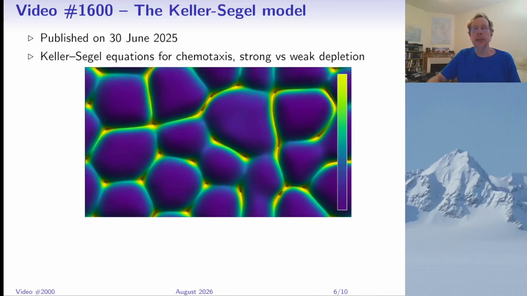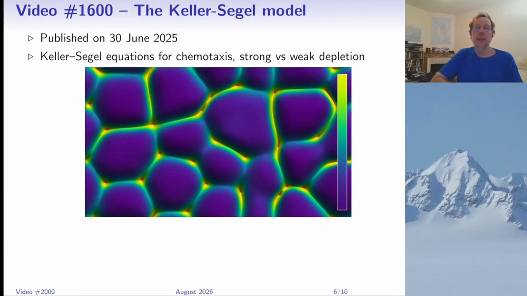The next simulation was my first simulation of the Keller-Segel model, which is a model for chemotaxis, meaning that you have a certain organism which will move according to the presence or not of a nutrient. So it's a bit similar to reaction diffusion equations, except that the interaction is a bit more complicated.